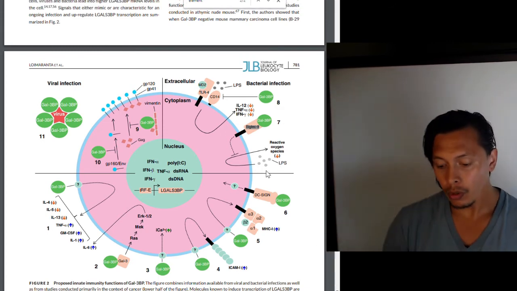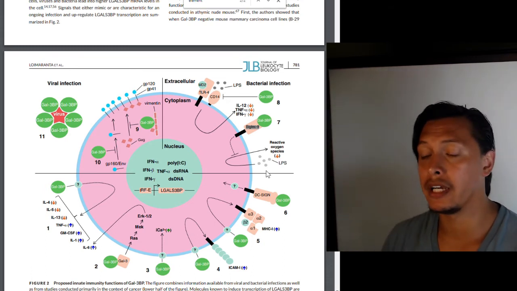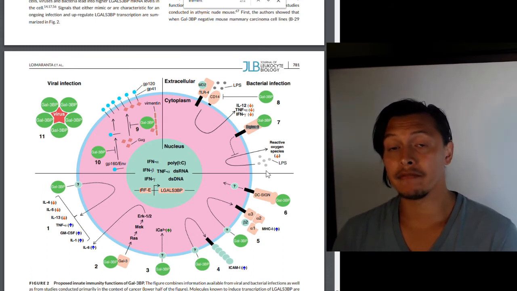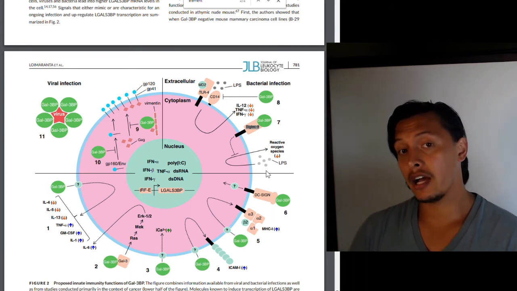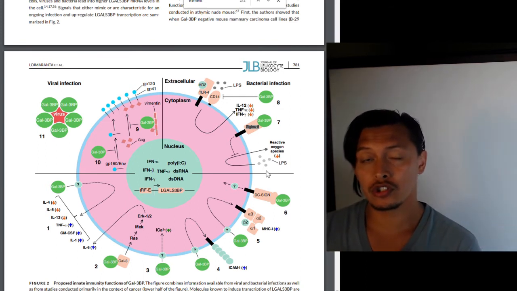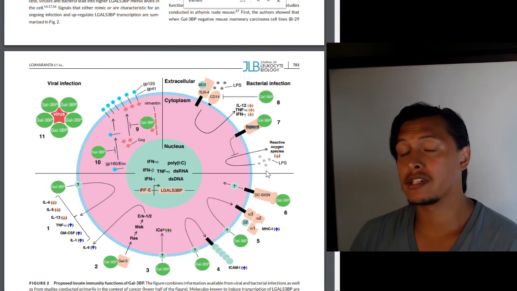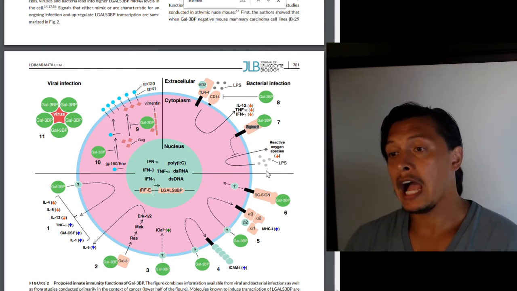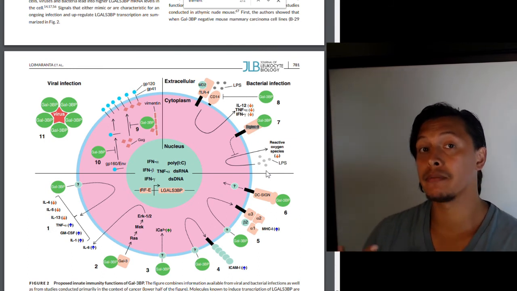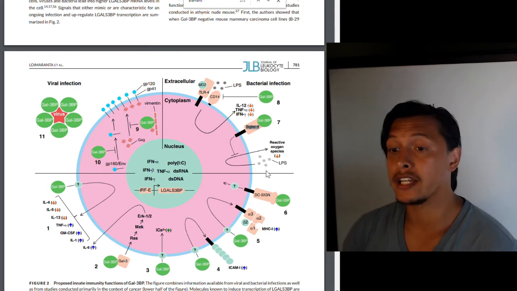Remember, lipopolysaccharides would be an indicator that you have gram-negative bacteria in the environment. If you straight up inject it, that puts the immune system into overdrive. However, this Galectin-3 binding protein helps modulate or prevent that from going into overdrive.